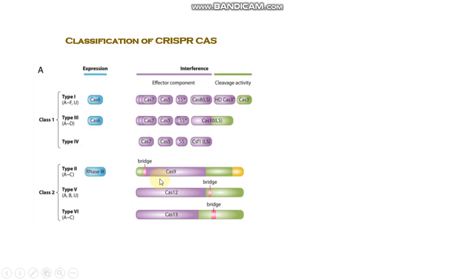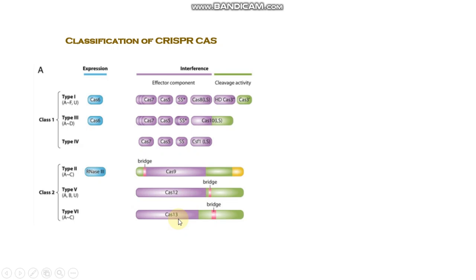Class 2 contains a single multidomain effector protein and is found almost exclusively in bacteria. As you see in this figure, Cas1 expresses Cas6, and here also RNase III, different kinds of expression systems. In the interference phase there are different Cas proteins, which are nucleases for cleavage. In class 2 basically there are Cas9, Cas12 and Cas13.